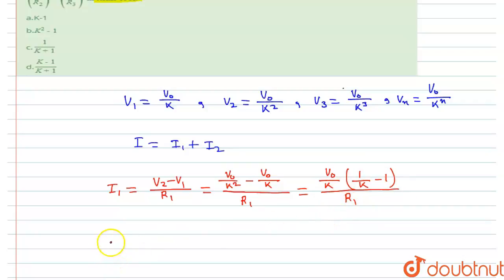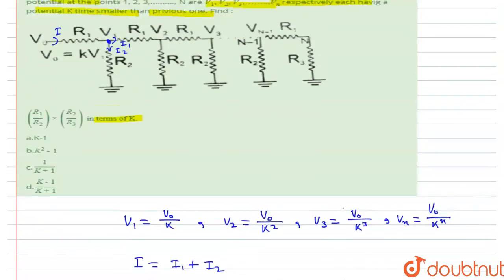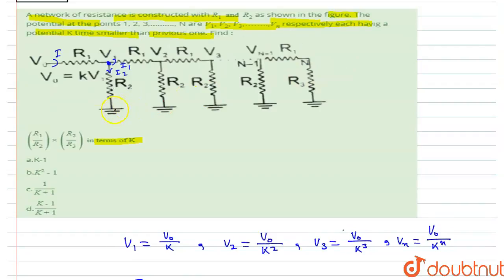Similarly, we can find the I2 value. I2 is equal to the potential difference, where the potential of the ground is 0 volt.